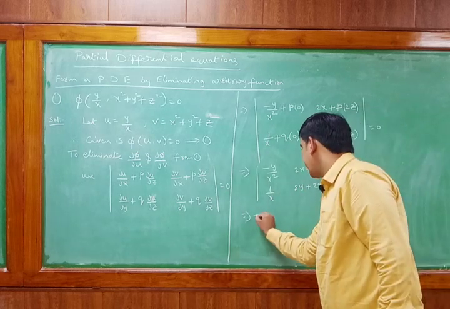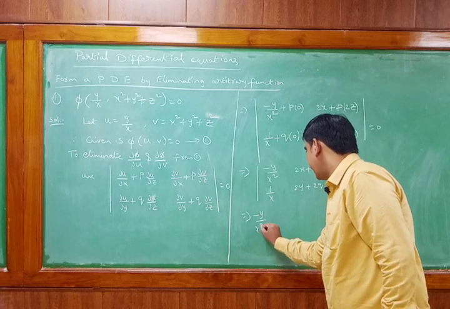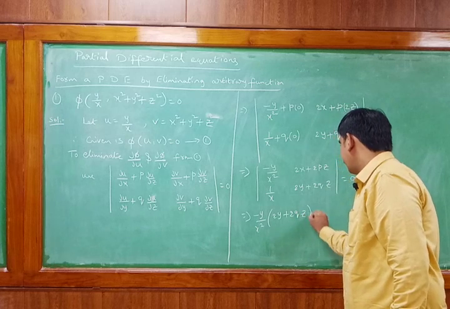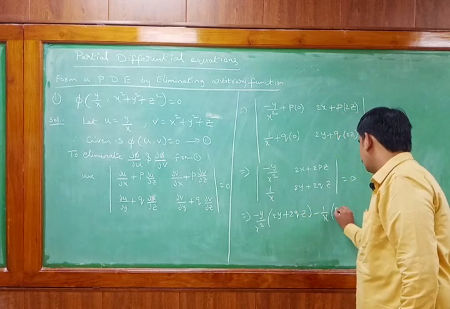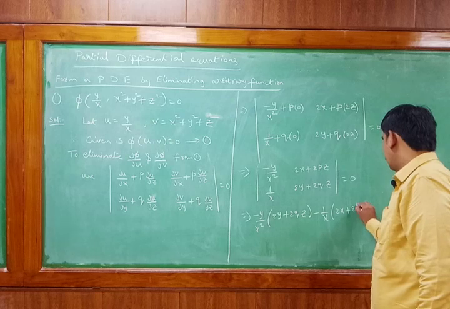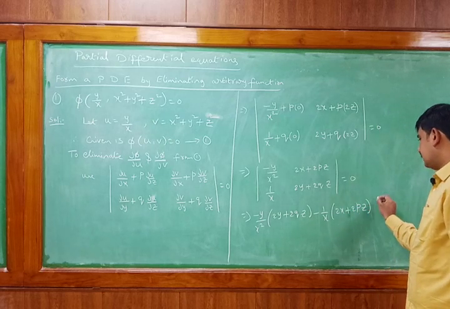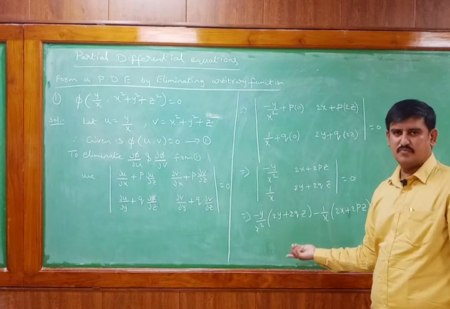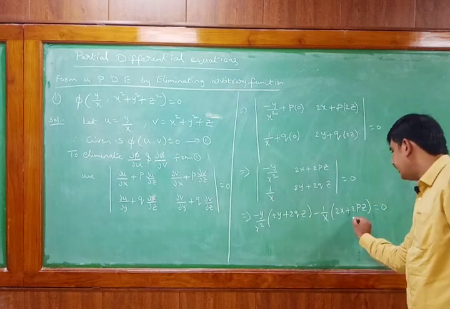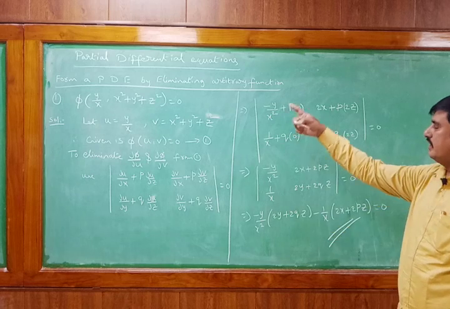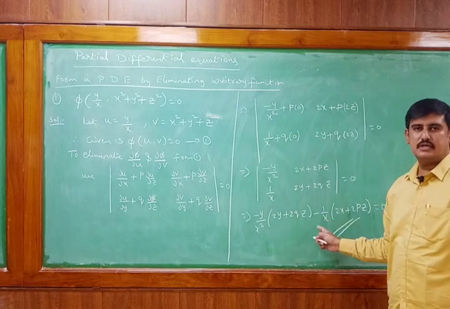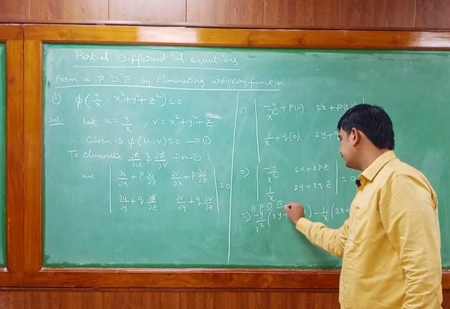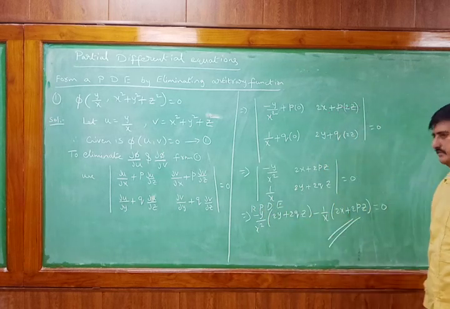So I get minus y by x square into 2y plus 2qz minus 1 by x into 2x plus 2pz is equal to 0. If you want to simplify more, take the LCM and simplify. Otherwise, you can leave it here. So we eliminated the arbitrary function and got the required partial differential equation.